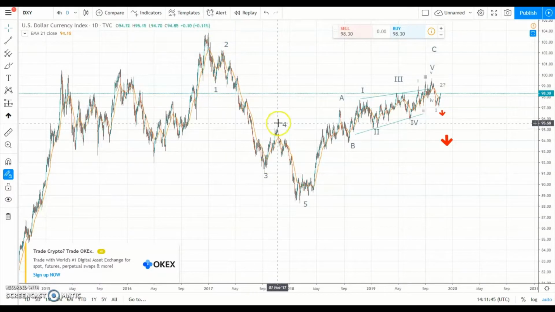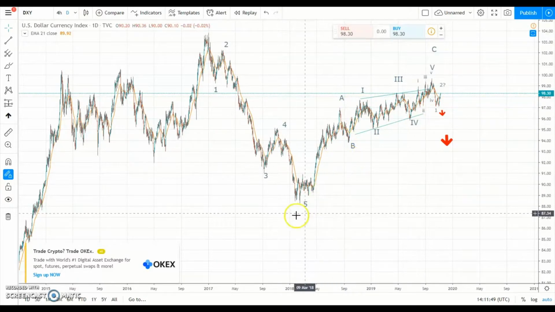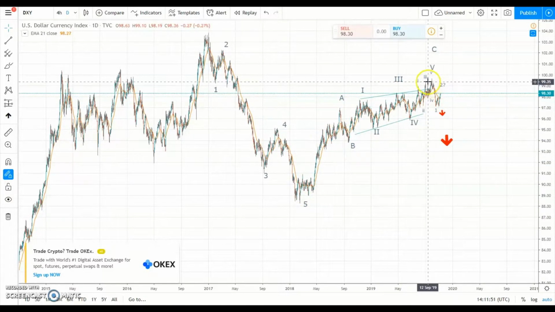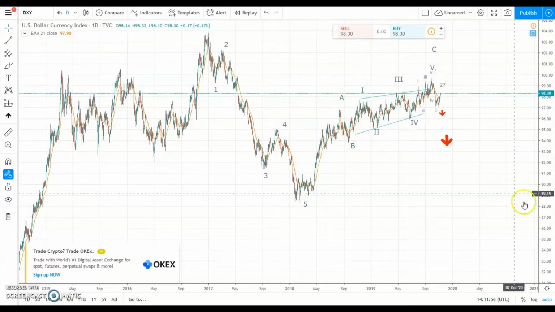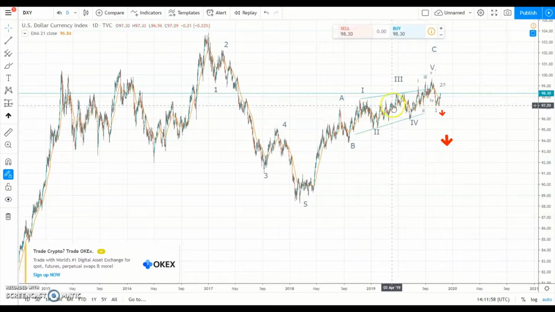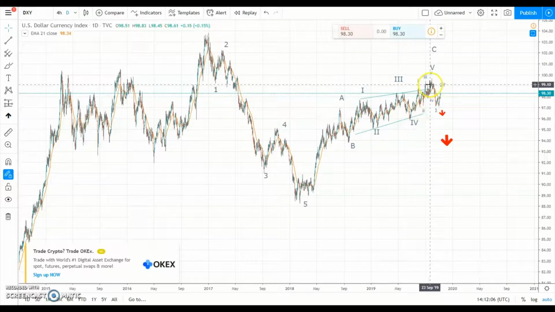So we get a 5 wave structure, and now we have an A, B, and a C. Elliott wave says that corrections happen in 3 waves, A, B, and C right here. And the C wave in itself is an ending diagonal. That's another Elliott wave term, stating that ending diagonals are usually terminal patterns, and when they end, they usually end violently.